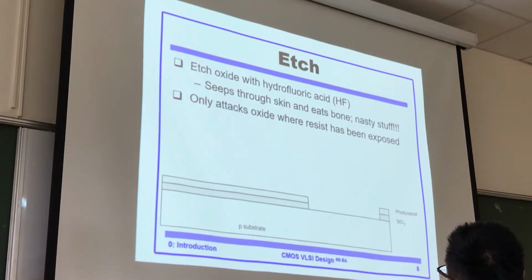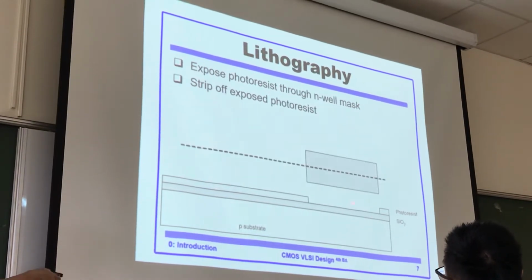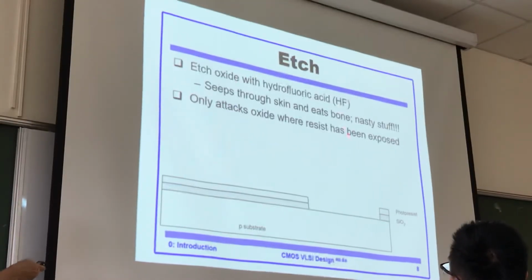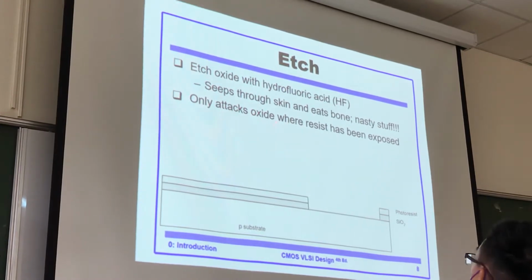Let's say we have this so far, and by using the HF, you remove this part. This SiO2 will be removed. With this patterned shape, it only attacks oxide where the resist has been exposed.